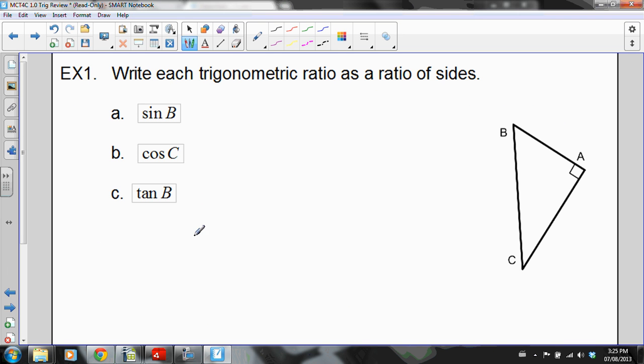And here are some examples. For instance, the sine of B, we're talking about this angle. Remember, the 90-degree angle points at the hypotenuse, so that one's always the hypotenuse. But from this angle, this is the opposite side.